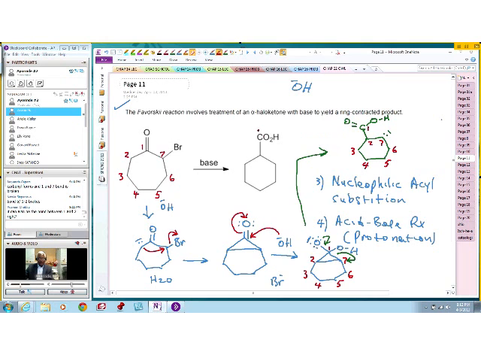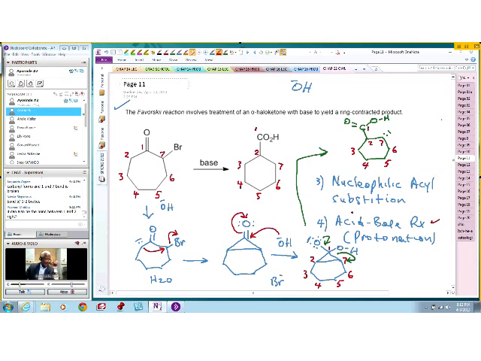And now what happens next? The last step, we need to do the last step. What happens here?